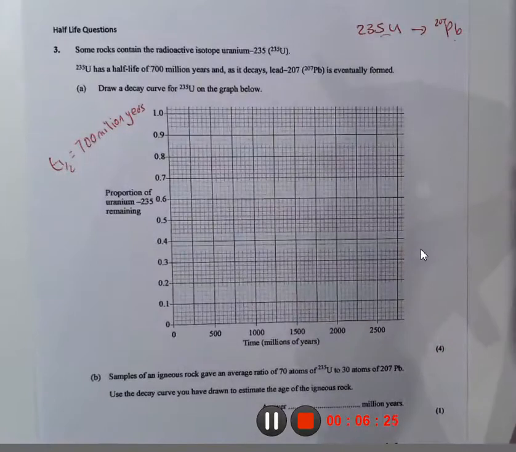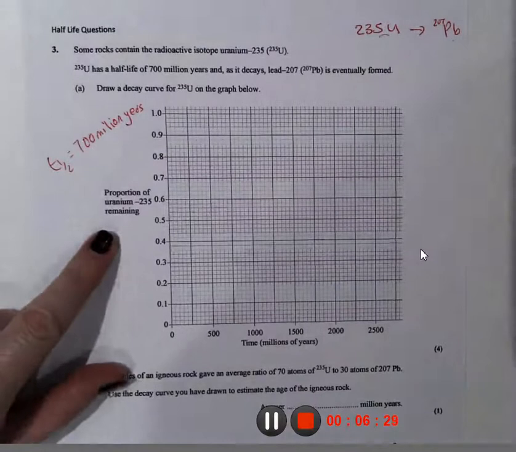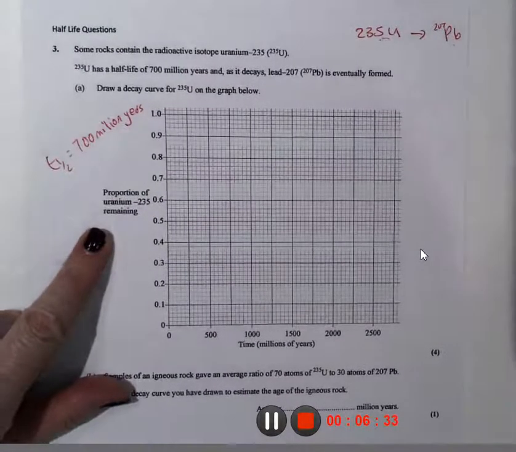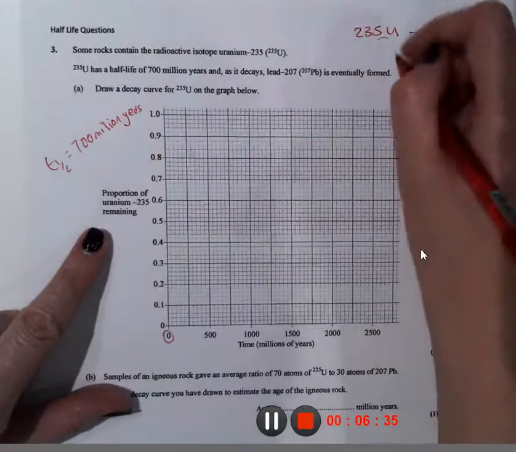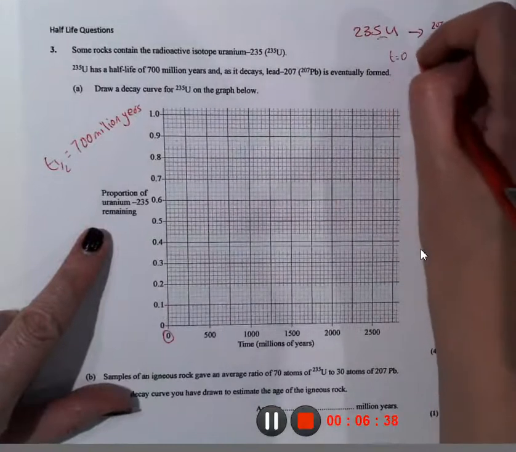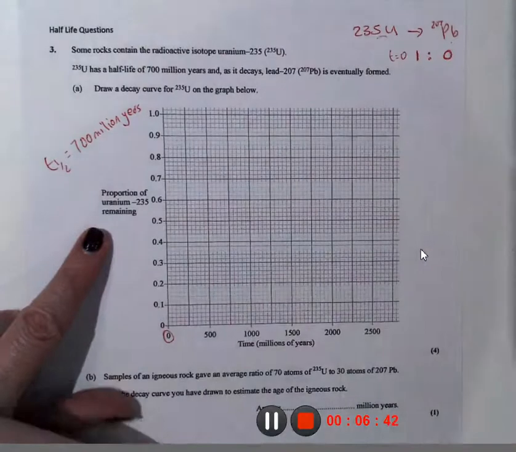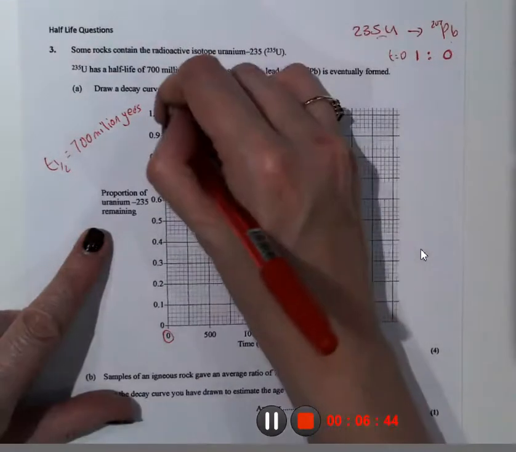Draw a decay curve shown on the graph, but it's a bit of a strange one because here at the side it says proportion of uranium remaining. So at time 0, you've got to do it by ratios. At time 0, the amount of uranium would be 1 and the amount of lead would be 0 because you haven't made any.